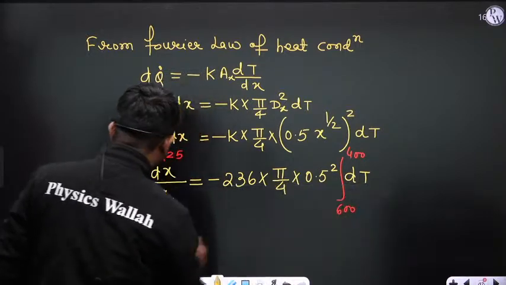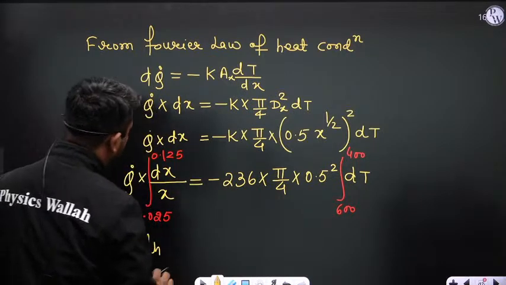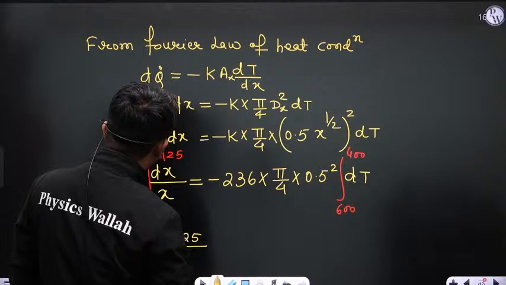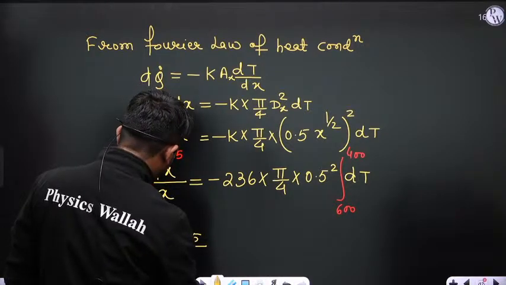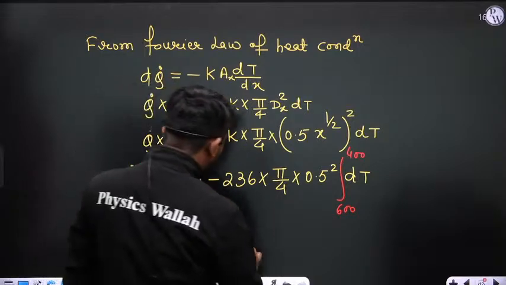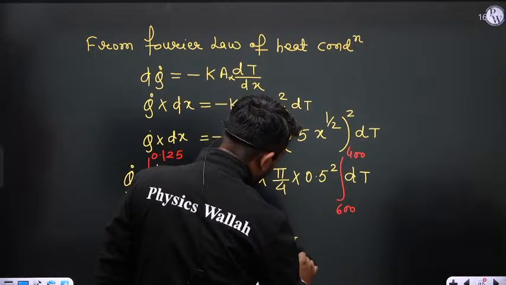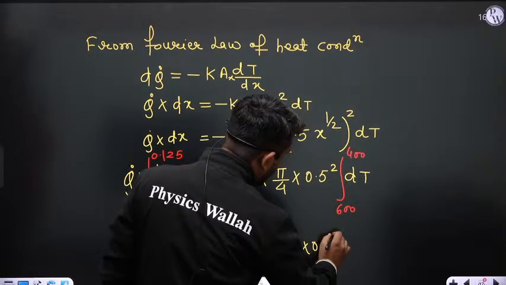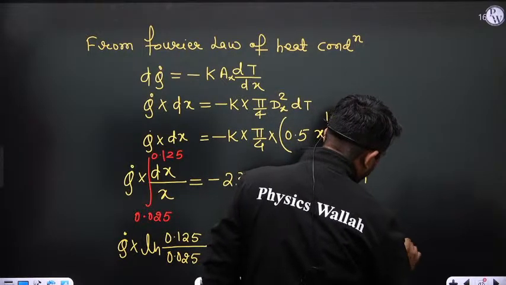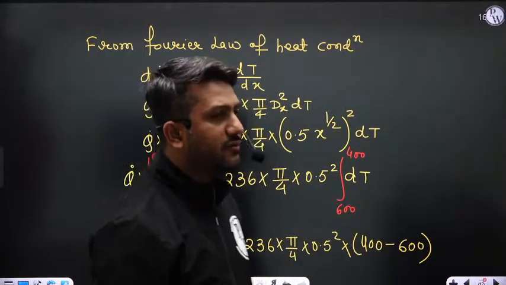Okay, now solve this. So Q dot into ln of 0.125 by 0.025 is equal to minus 236 into pi by 4 into 0.5 square into (400 minus 600). So tell me what is the Q dot?